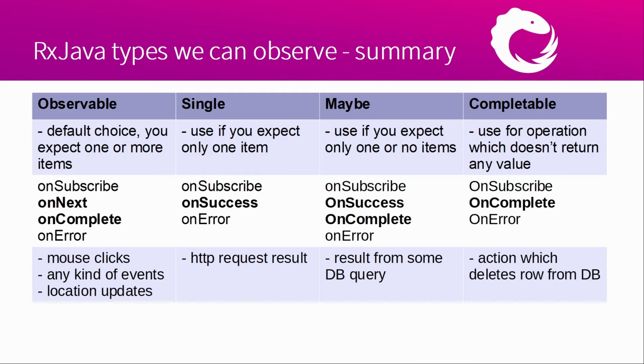And when there is no update, simply onComplete callback is called. When there is an update, onSuccess callback is called, and your object, your data is passed to that callback. Completable I discussed already, so we'll not be describing that right now.